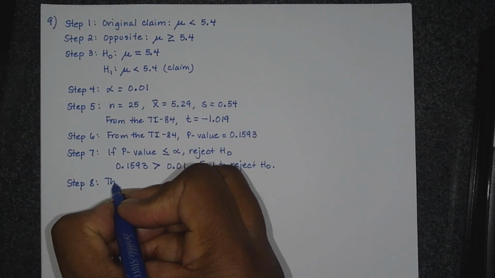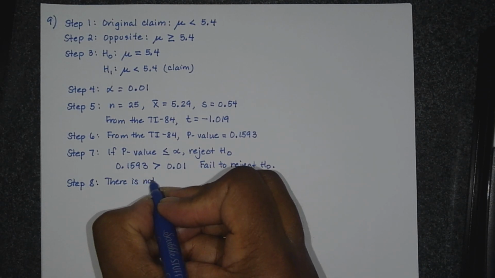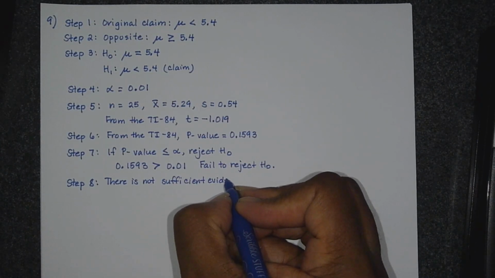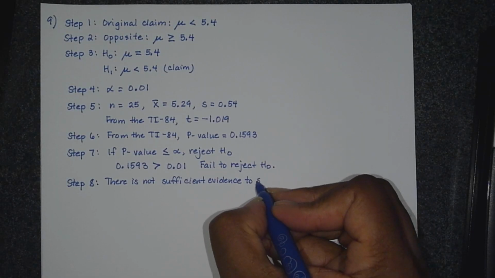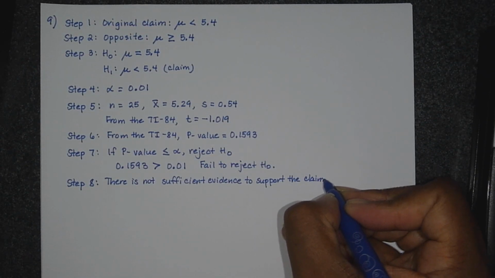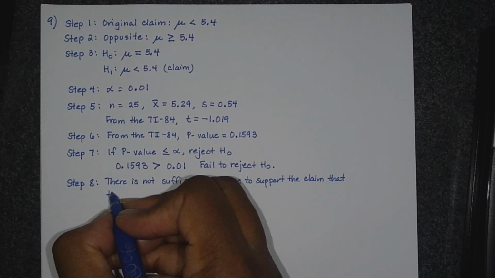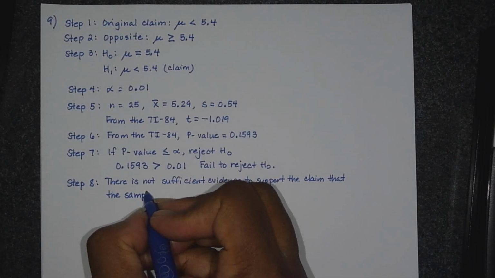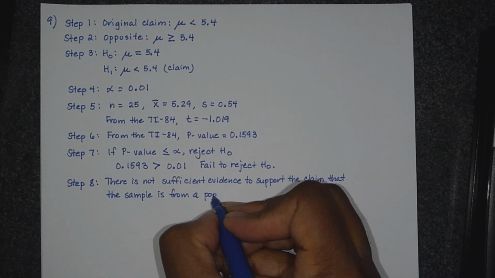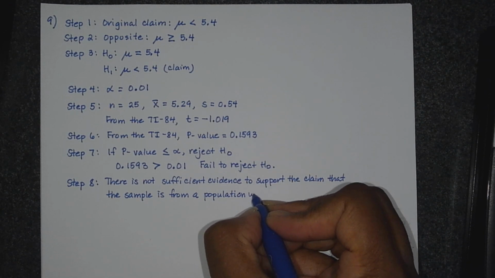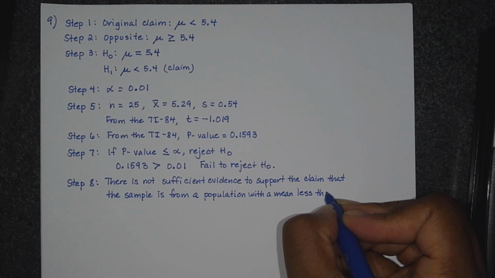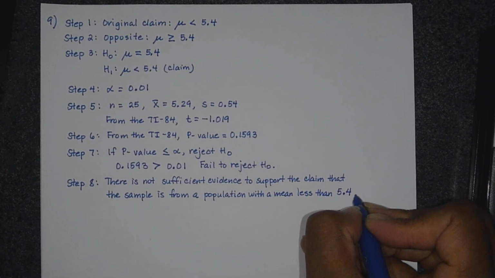That means that there is not sufficient evidence to, in this case, support the claim that the sample is from a population with a mean less than 5.4.